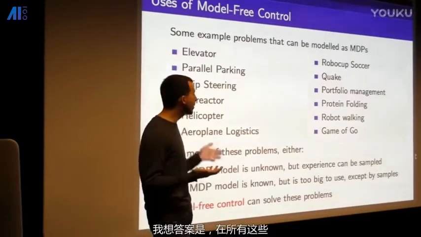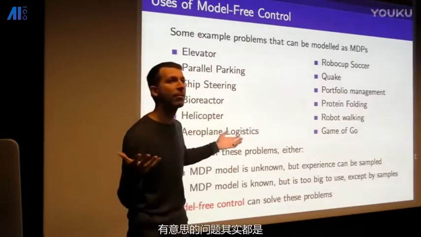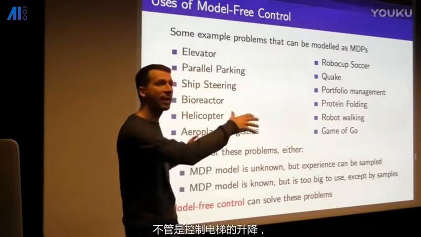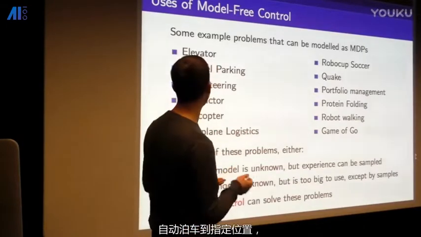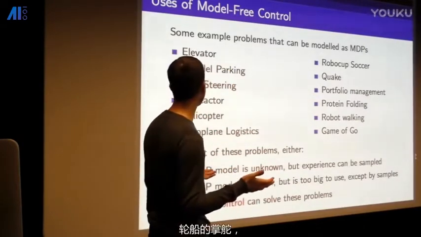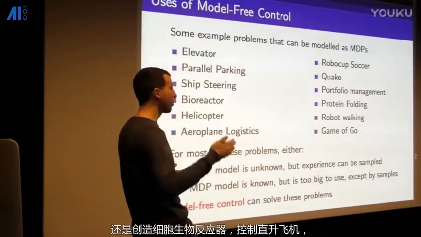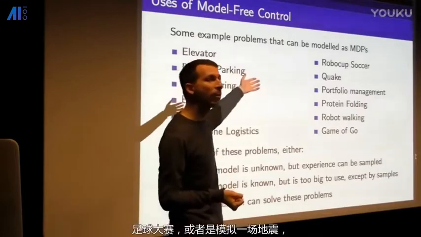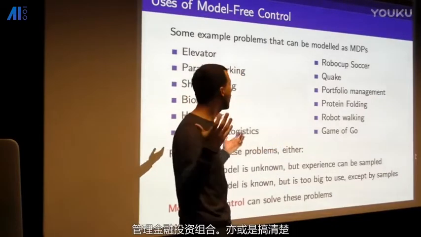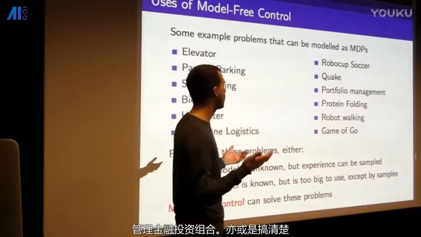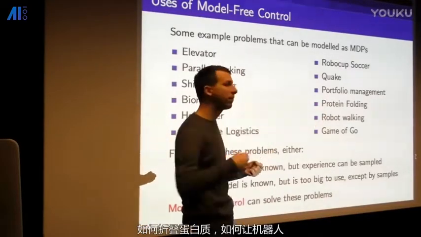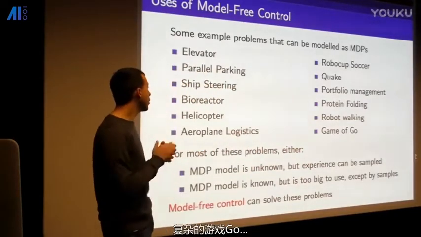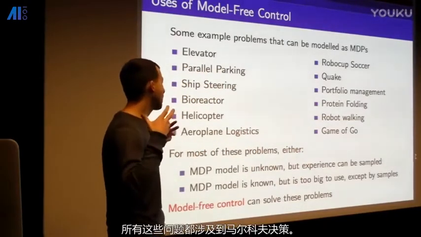The answer is that in most interesting problems, and I put up just a few here that all fall under this umbrella, like controlling an elevator, getting a car to park itself, automatically steering a ship, controlling a bioreactor, navigating a helicopter, doing the logistics for an aeroplane, playing Robocup soccer, controlling a bot in Quake, managing a financial portfolio, learning how to fold proteins, figuring out how to make a robot walk by itself, or playing a complicated game. All of these problems have MDPs.